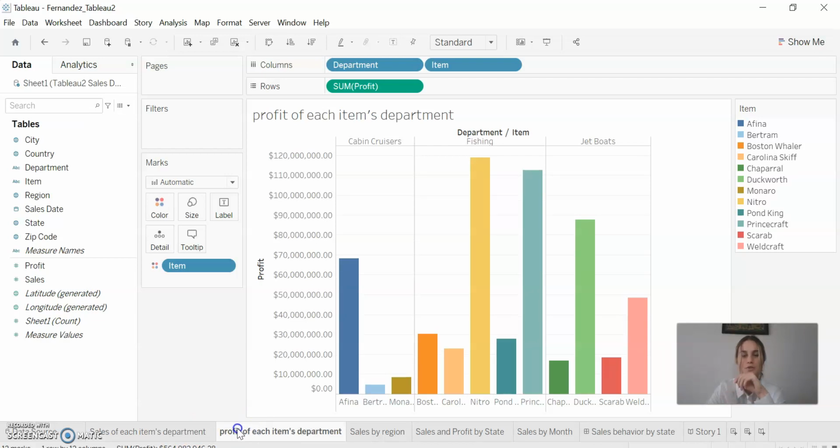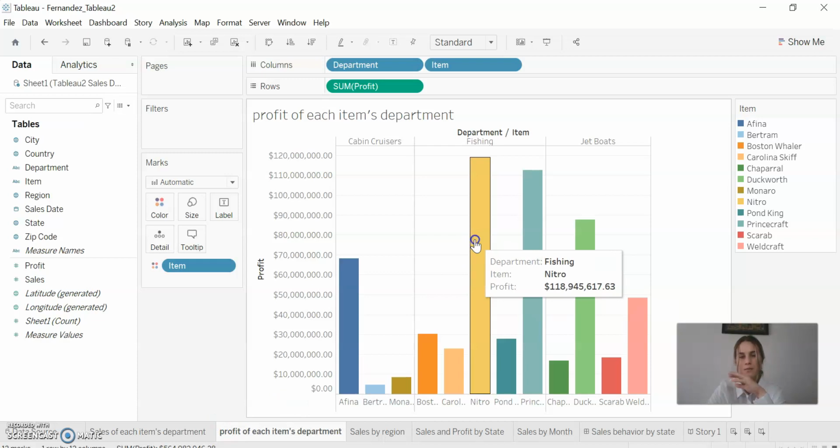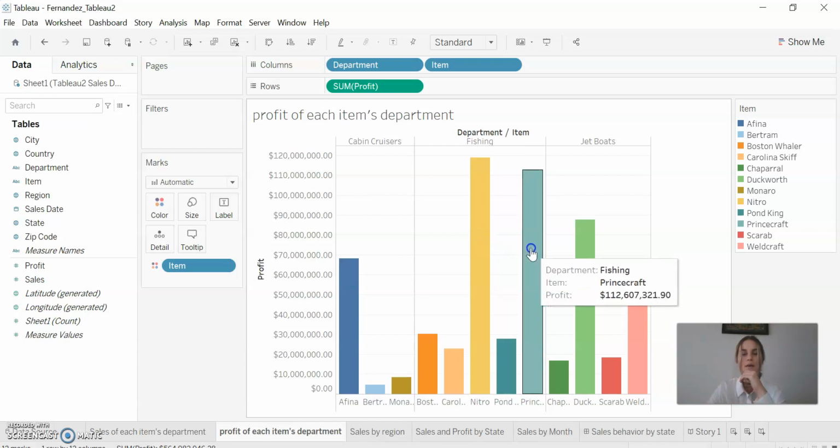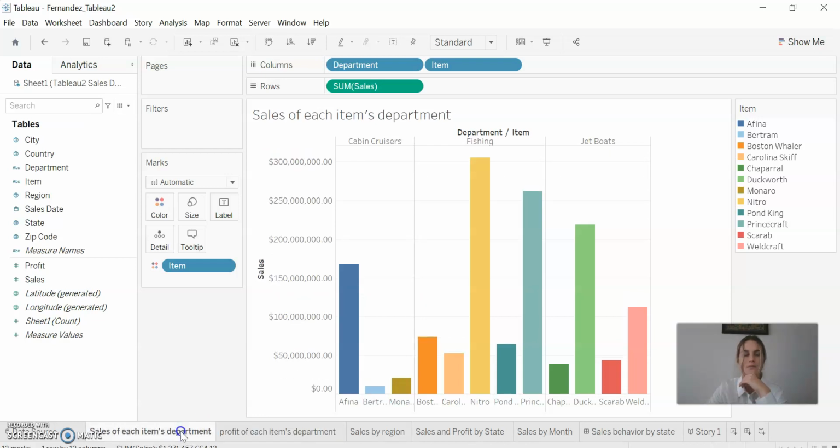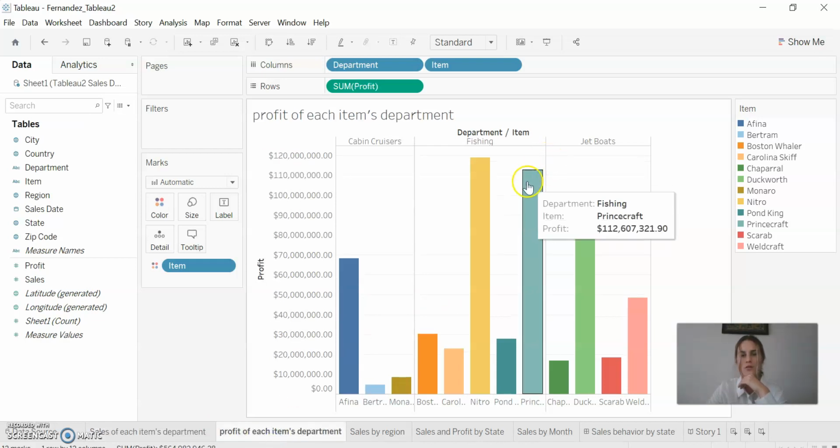So in this one, I could perceive that Nitro was selling way better, and it's better in profits, but this Princecraft was doing slightly better in terms of, I could say, markups or other reasons.